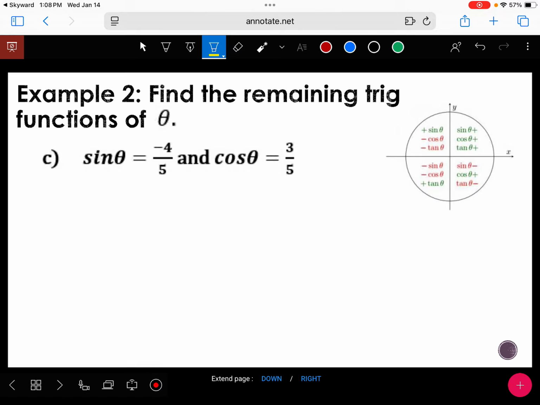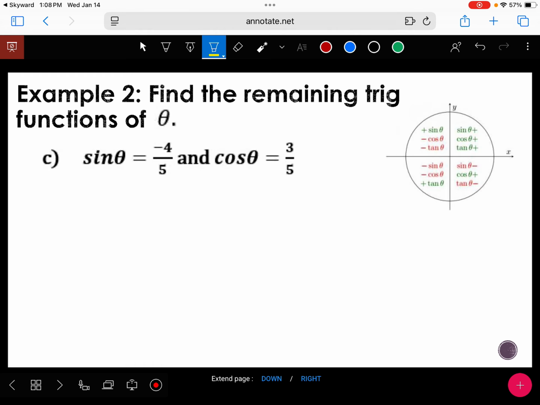All right, so they gave us two clues. They said sine is negative and cosine is positive. Show me with your fingers. Where are we at? What quadrant are we in? Sine is negative, cosine is positive. We are in quadrant 4.